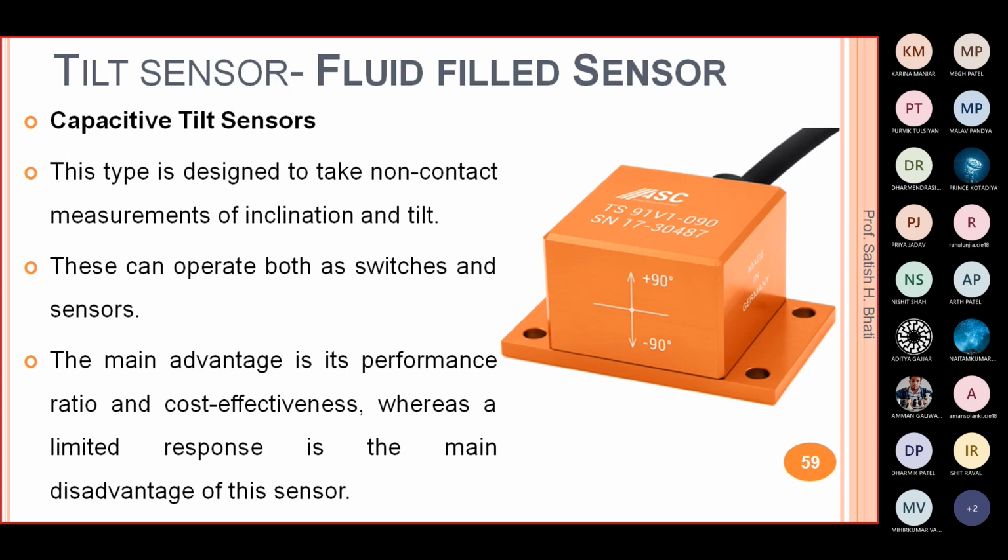This type is designed to take a non-contact measurement of inclination and tilt, and this type of sensor is available in the form of a switch as well as a sensor. The main advantage of this type of sensor is its performance ratio and cost effectiveness, right?